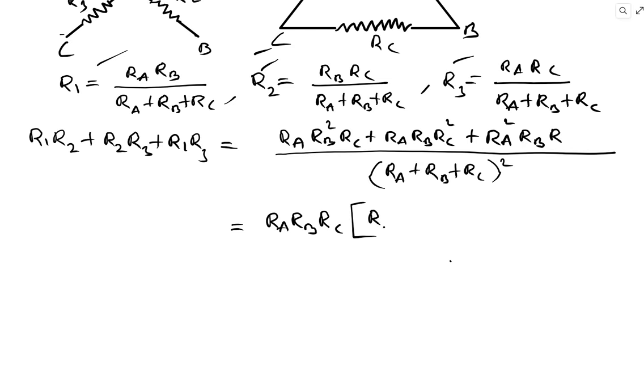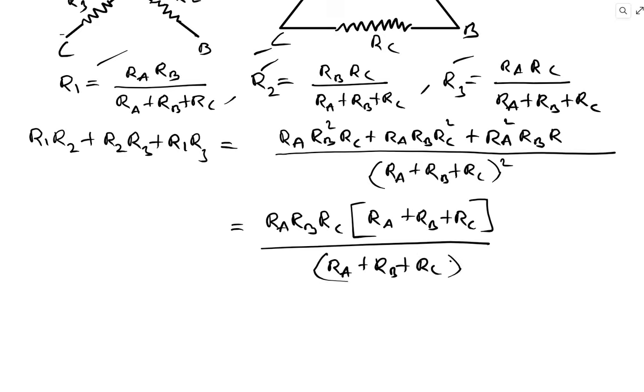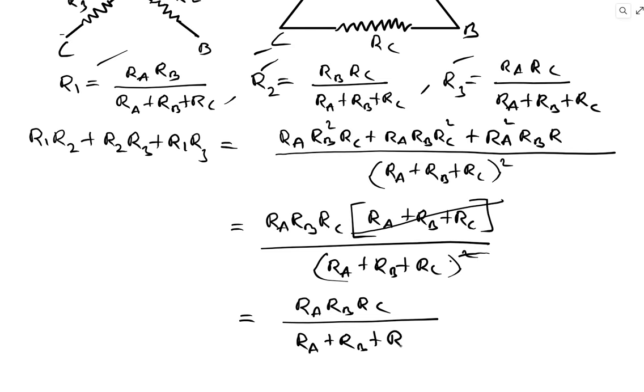I am writing in order: RA plus RB plus RC, divided by RA plus RB plus RC whole squared. So the square will get cancelled, and the leftover term is RA RB RC divided by RA plus RB plus RC. This is the product we are finding: R1 R2 plus R2 R3 plus R3 R1.